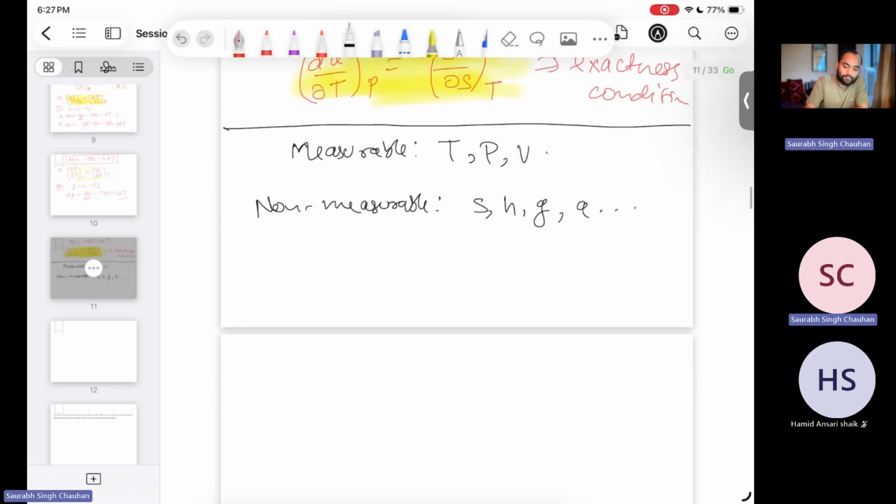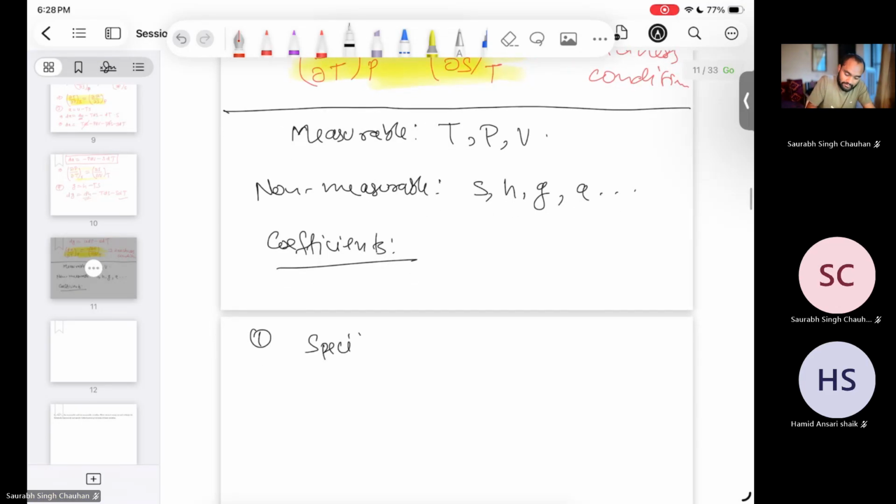And there are a few other things like coefficients. Although you cannot measure them directly, they are the relation between two quantities, and those two quantities you can measure. So a coefficient you can also think of as directly given by measurable quantities. For example, specific heat, which we can define in two ways.